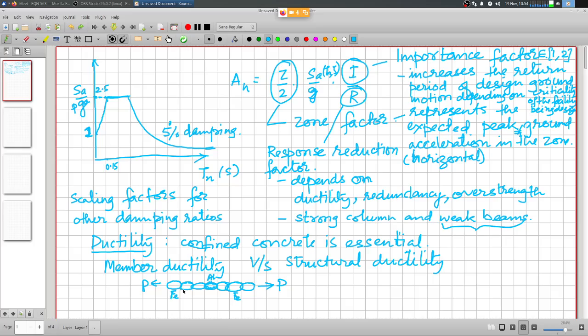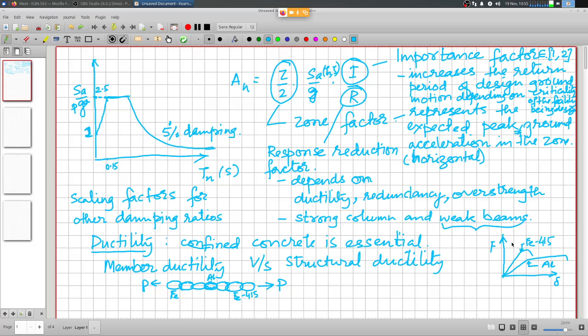So whatever may be the material, obviously individually the ductility level, if I look at it from the force deformation curve, this might be for let's say Fe415, and maybe this is for the aluminum link, right?